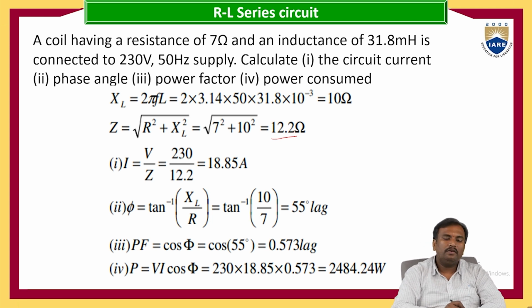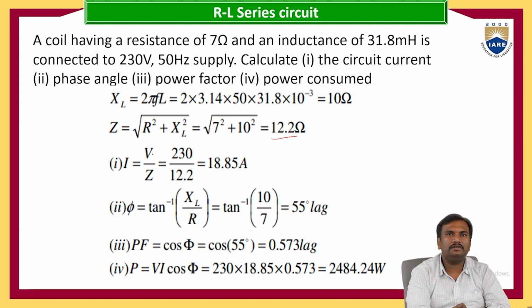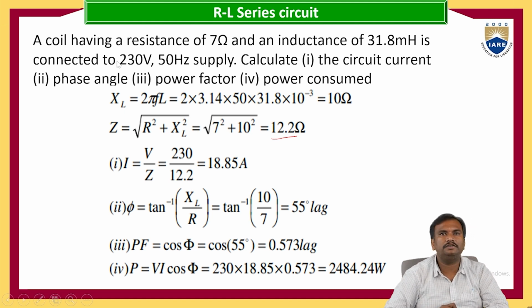The current is equal to V by Z, where the RMS value of voltage is given as 230 volts. Current I is equal to V by Z, that is 230 by 12.2, that is equal to 18.85 amperes.